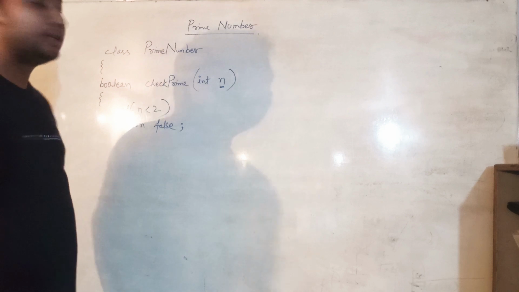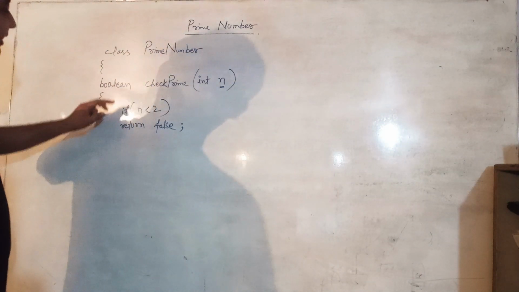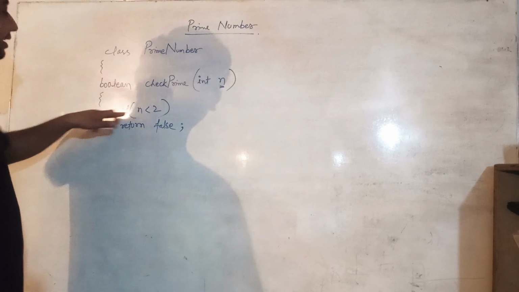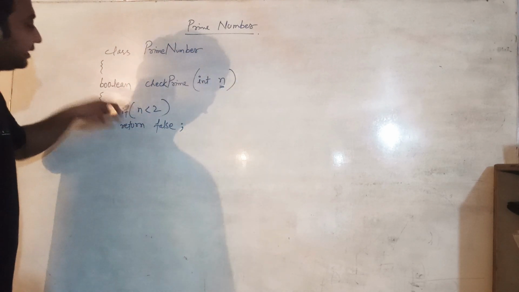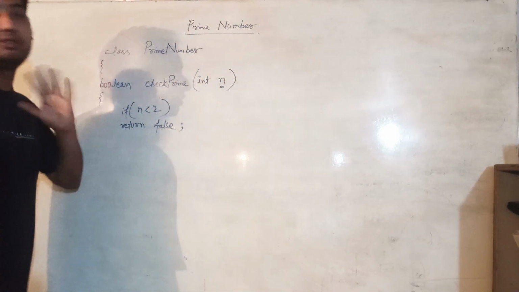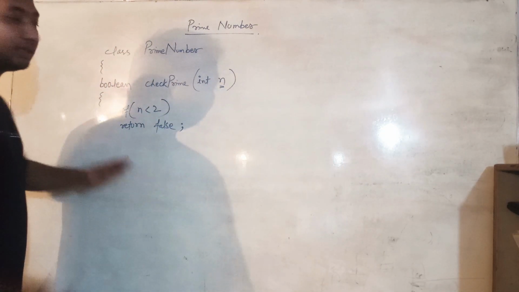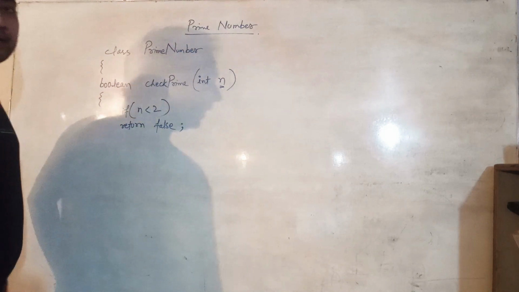Students, it is very easy. If the compiler checks this condition and finds it true, then straightforward it will return false. Thereafter the program will not execute further. Getting it?